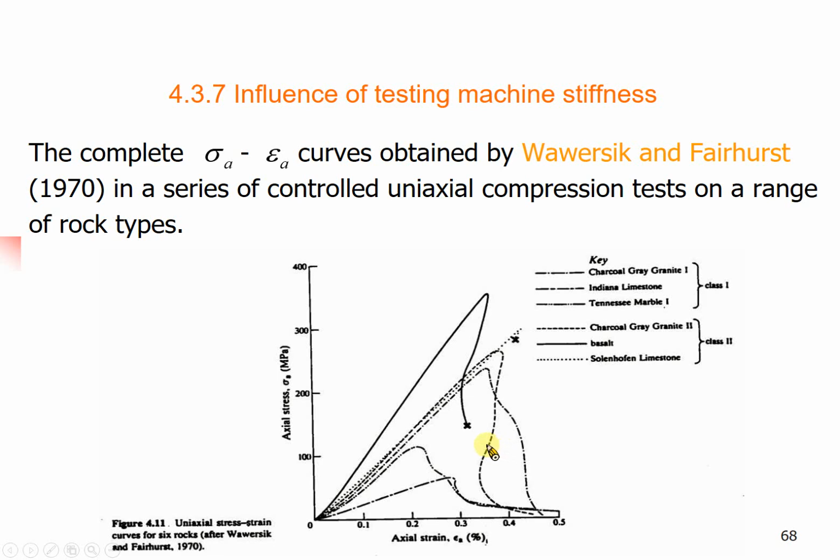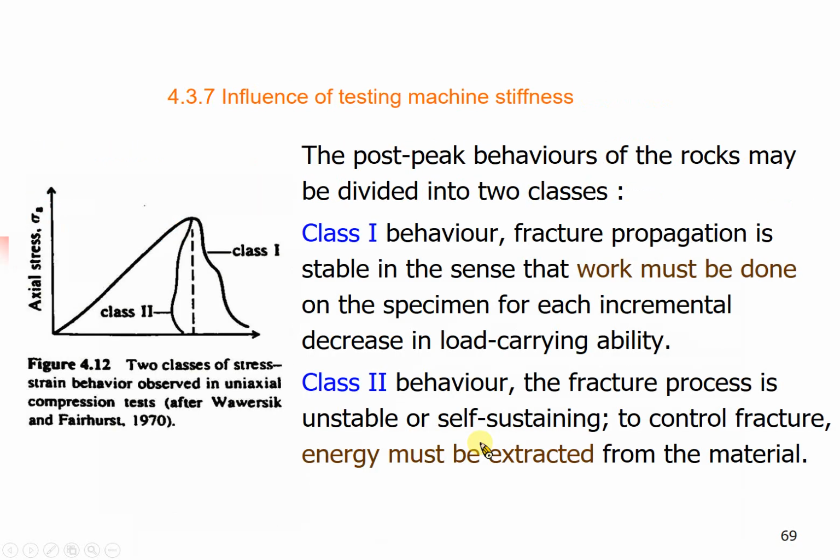So you can see, you can make the difference between different rock behavior from the complete stress strain curves, and you can make the distinction. Okay, and this will depend on the rock types. Different rocks will have a different behavior. This will be the 2 classes.